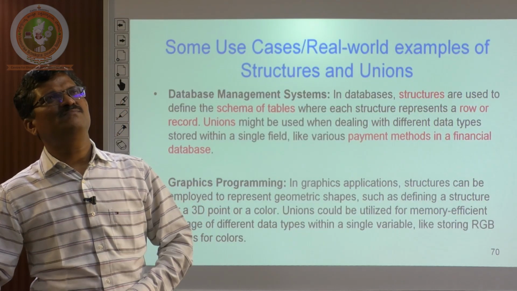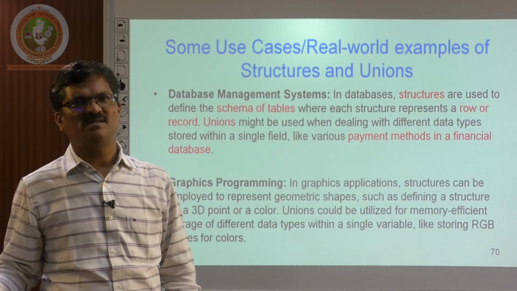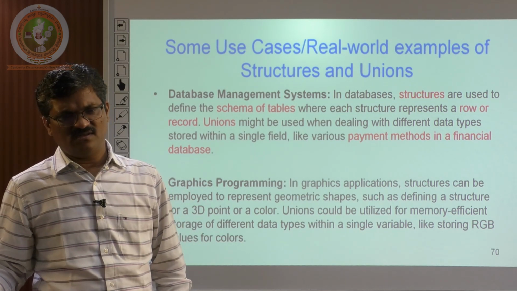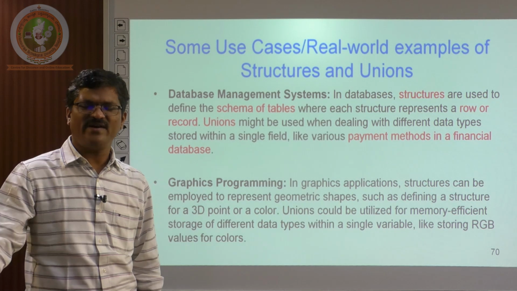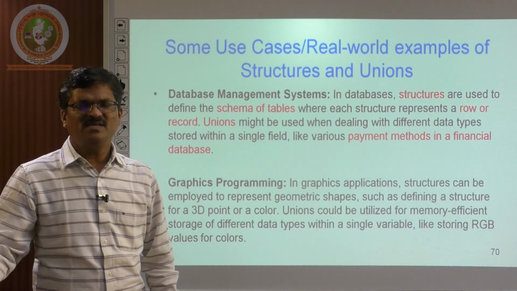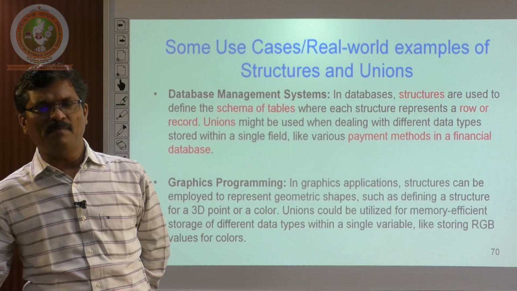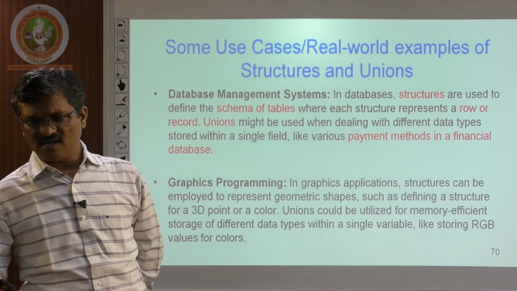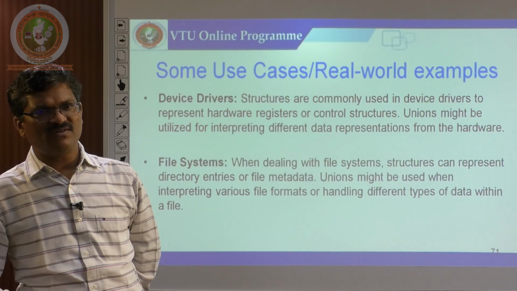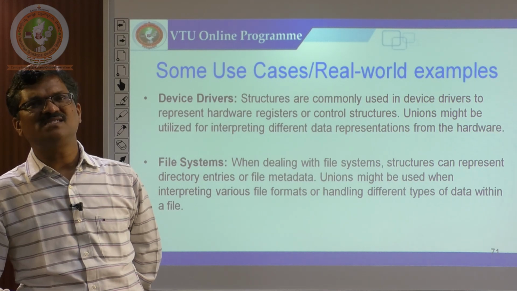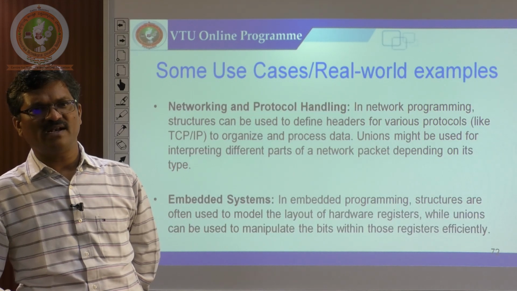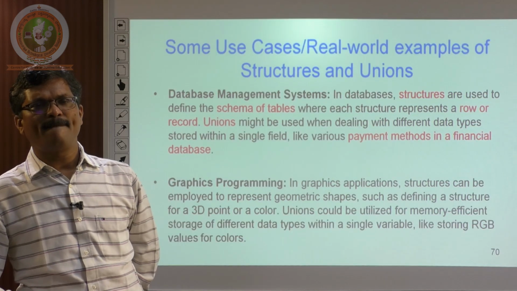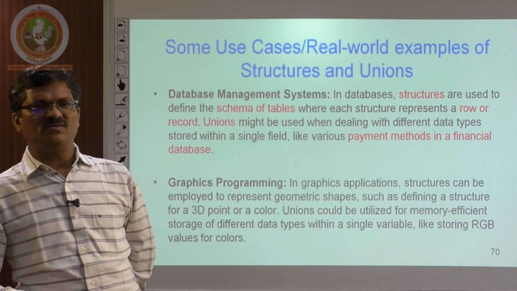Having seen some similarities and differences between the two, we find many uses or real world examples where these have an impact, maybe database management systems, graphics programming, device drivers, file systems, networking and protocol handling, embedded systems. They are used in many scenarios.